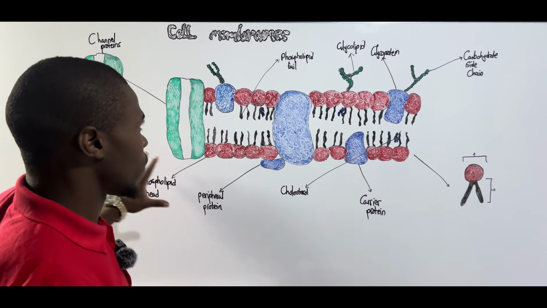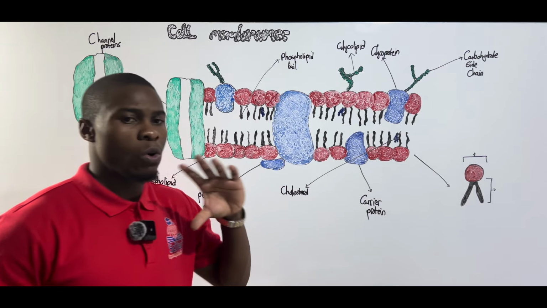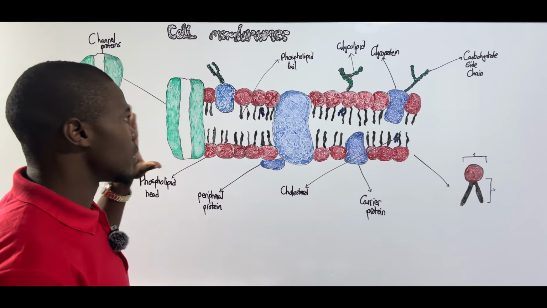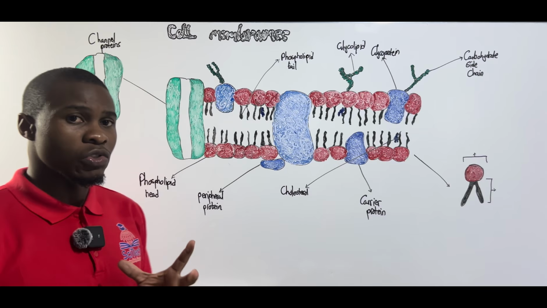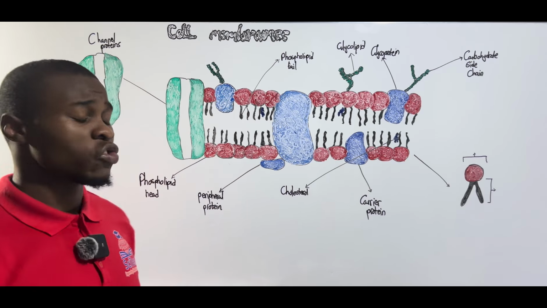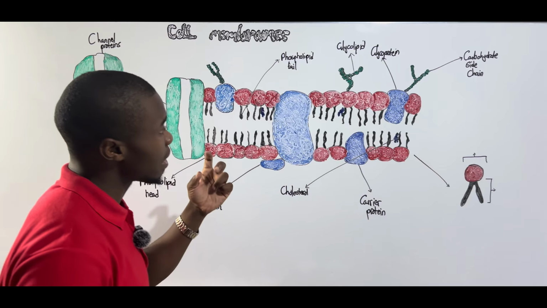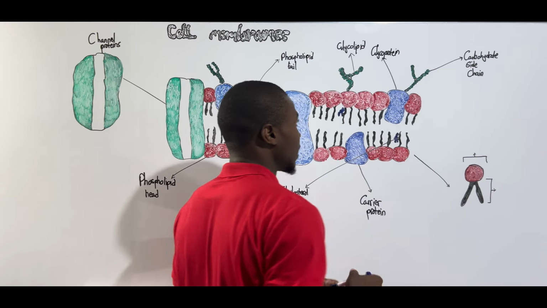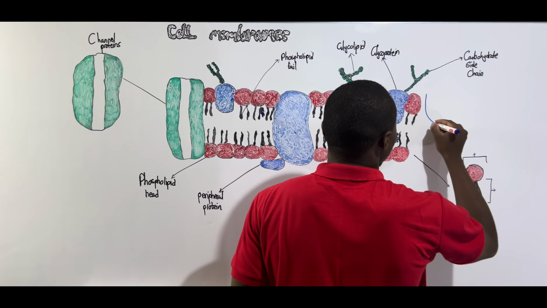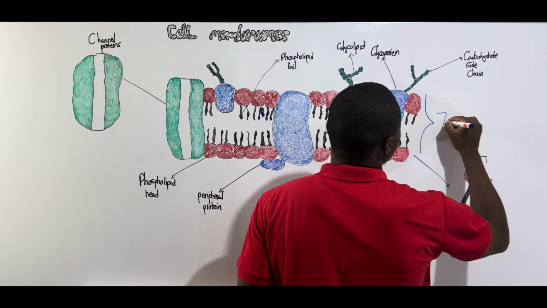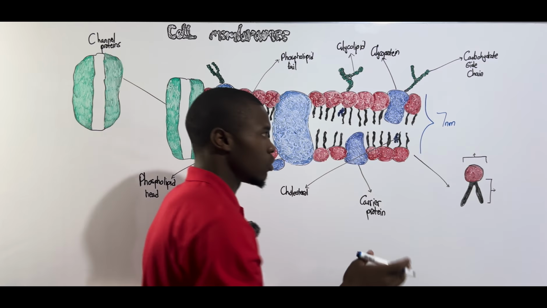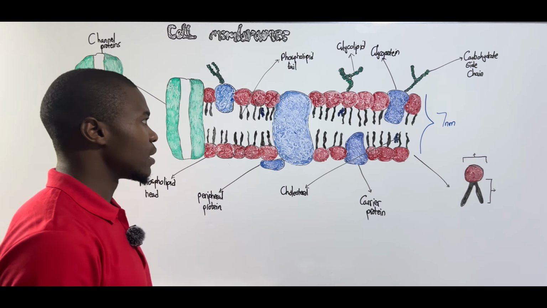From this diagram, I think you can see that we have managed to label all these parts based on the generalized structure. Another generalized fact about the structure of the phospholipid is that it is idealized to be 7 nanometers in diameter.